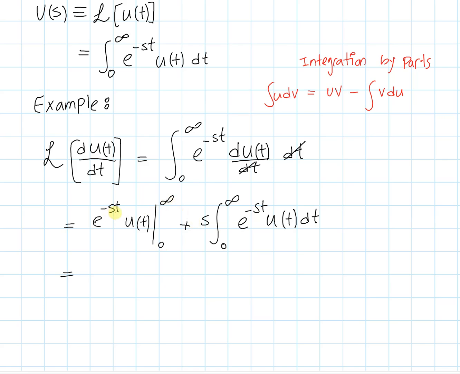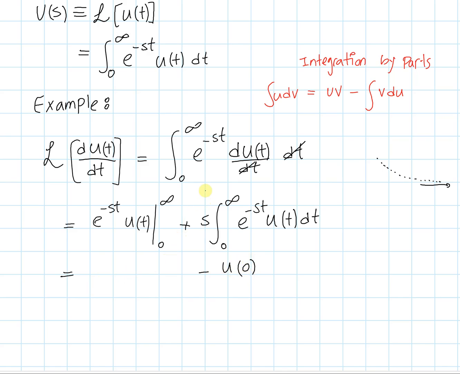When I put the infinity in, this negative exponential term goes to 0, because negative exponential terms decrease like that. When I plug in 0, the exponential goes to 1, and I end up with minus u(0).